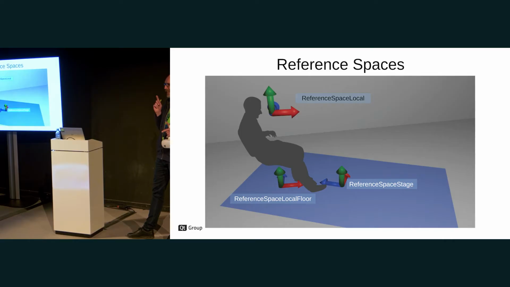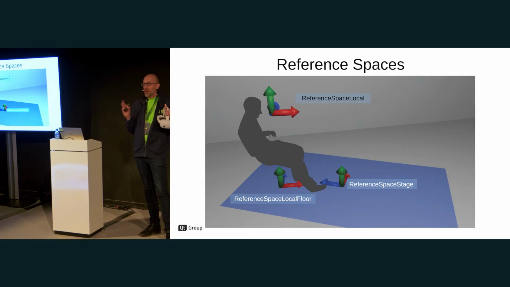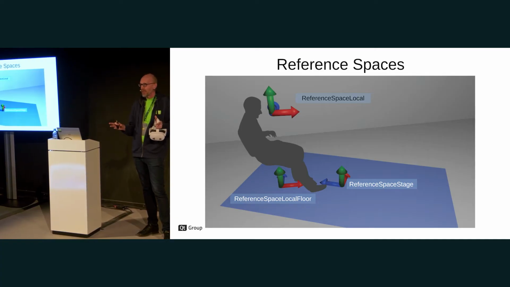So the local floor is the position on the floor. The 0 point of the local floor reference space is just below the local space reference point. So if you don't know which reference space you want, you probably want local floor.